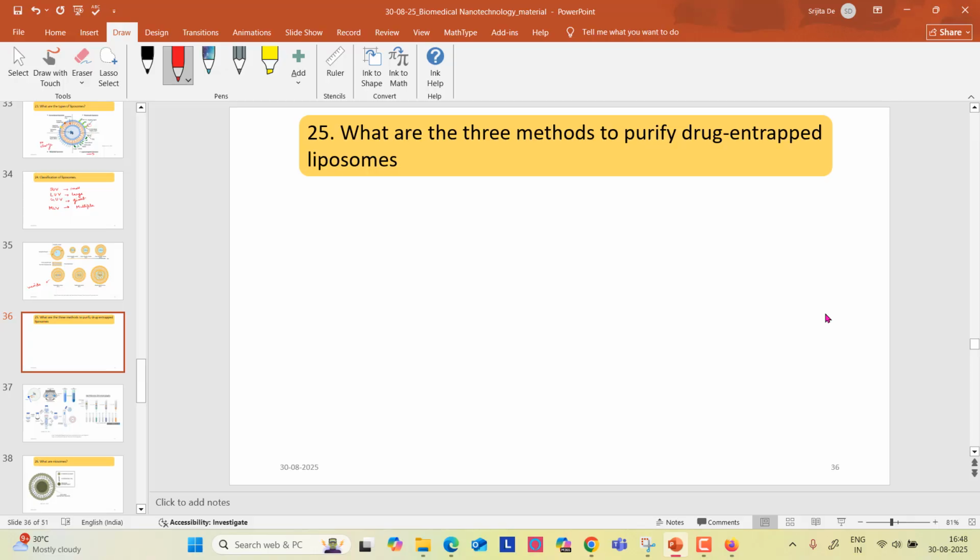So the first one is very easy, that is centrifugation. The second one is dialysis. And the third one is gel filtration chromatography.